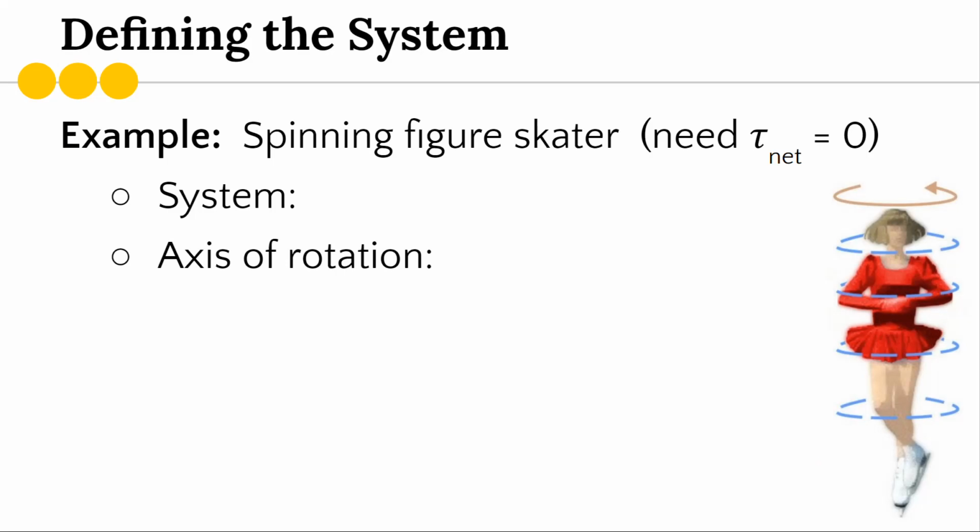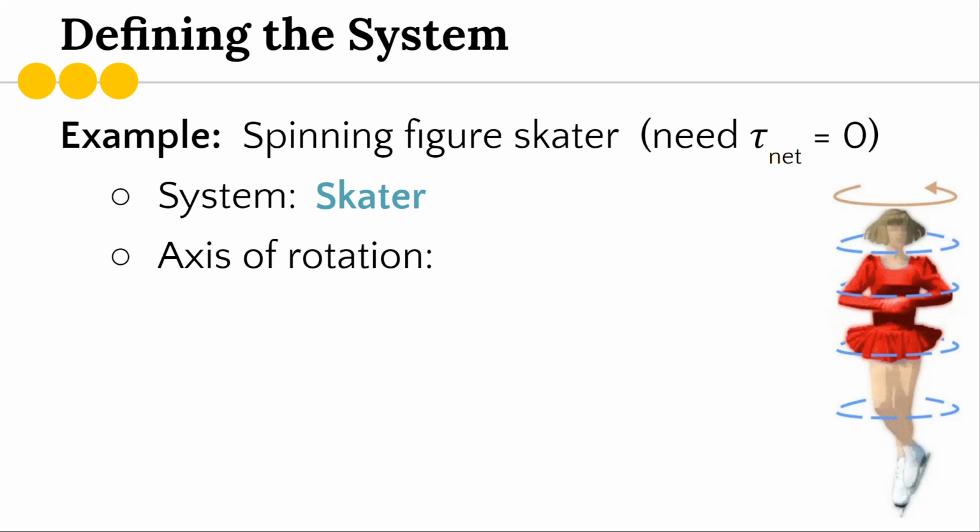All right, so let's look at just an example of how we could define a system and maybe start to analyze it. So here I have an example of a figure skater spinning. Again, I want to analyze this scenario in terms of conservation of angular momentum, so I need to define my system so that my net torque is 0. And if I want to do that, I'm just going to call the system my skater.